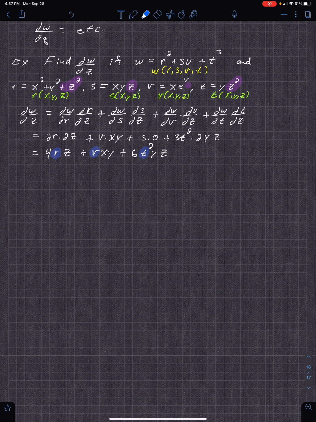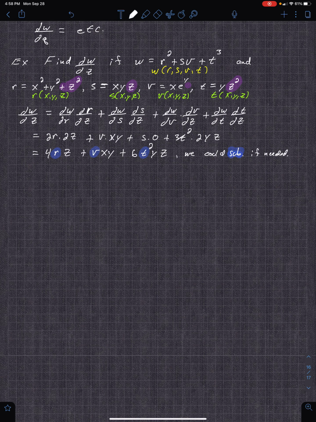Or just leave it. It just depends on the situation and what form is really better. So I'll put a little note there: we could sub if needed. We'll just put it in blue. There we go. Okay, so that's the concept.